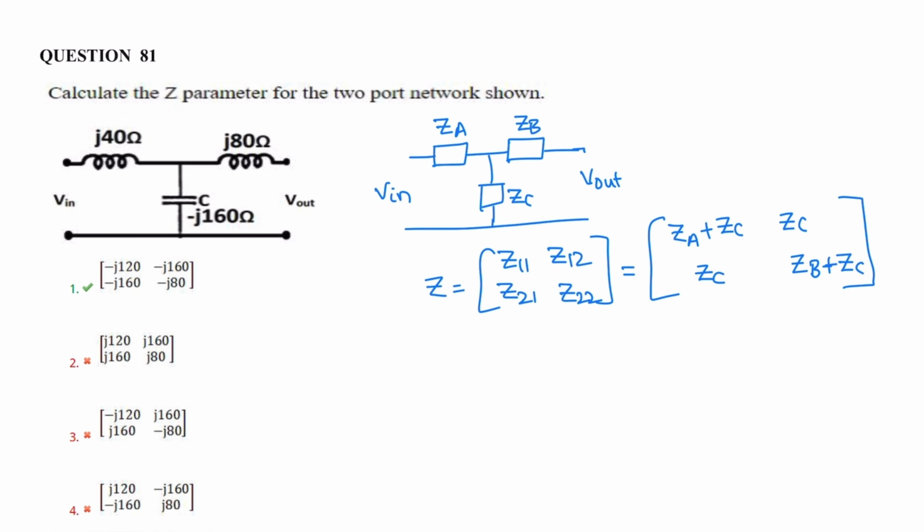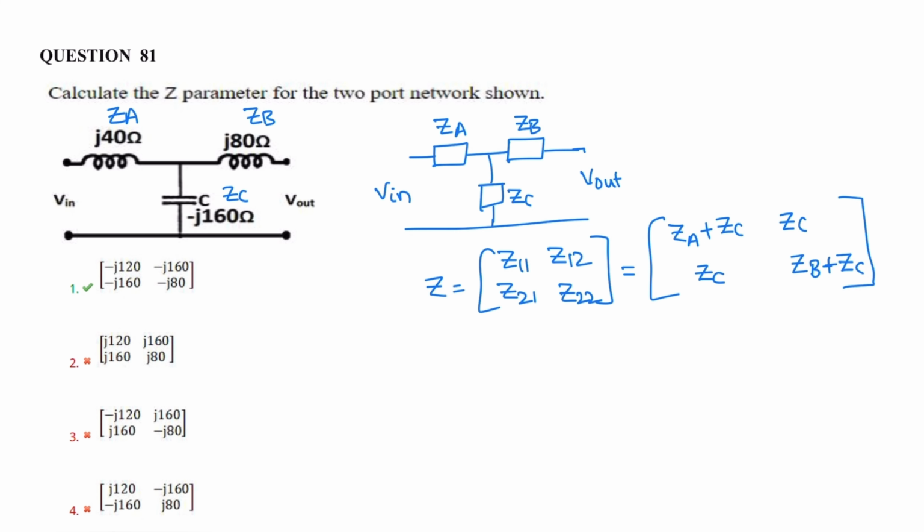The given two-port network is a T network. Let us assume these are ZA, ZB and ZC, where ZA is j40 ohm, ZB is j80 ohm and ZC is minus j160 ohm. Now the Z parameters are open circuit parameters. Z is equal to Z11, Z12, Z21, Z22, that is ZA plus ZC, ZC, ZC, ZB plus ZC.